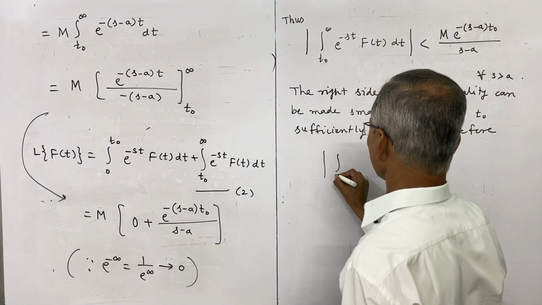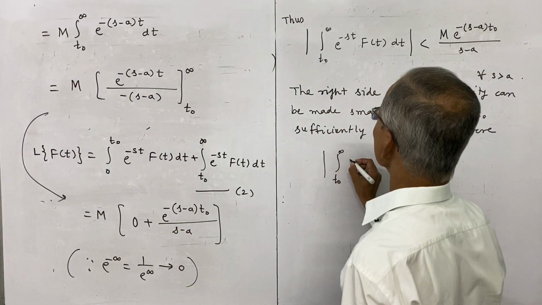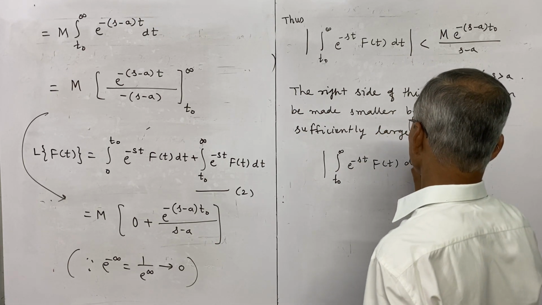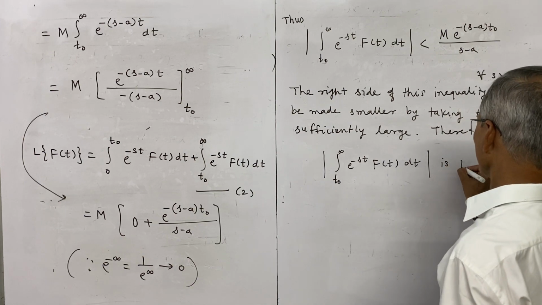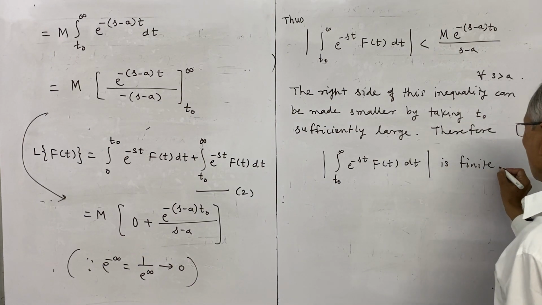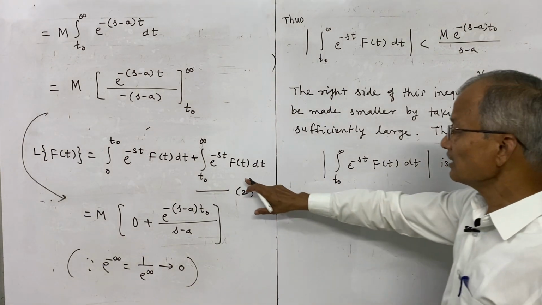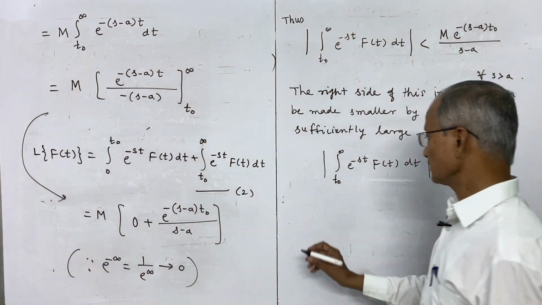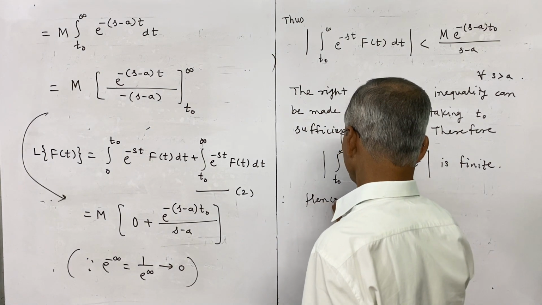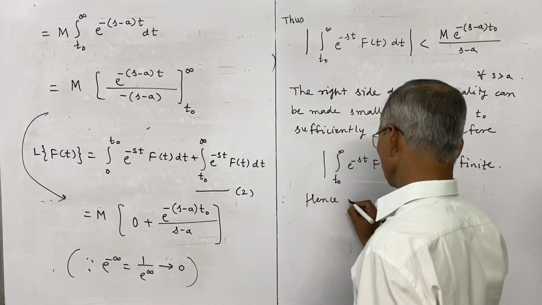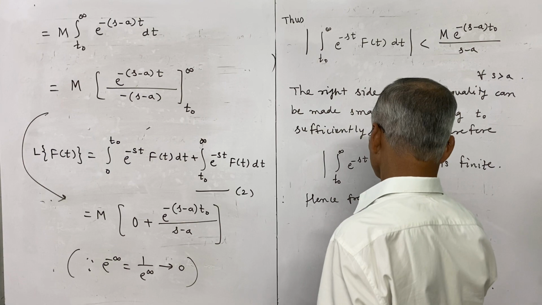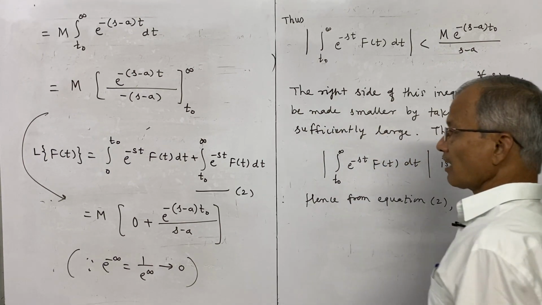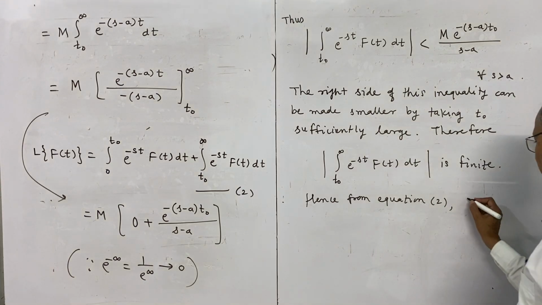That means the absolute value of the integral from t naught to infinity of e power minus st f of t dt is finite, and hence the second integral in equation 2 is finite. Hence the RHS of equation 2 is finite.